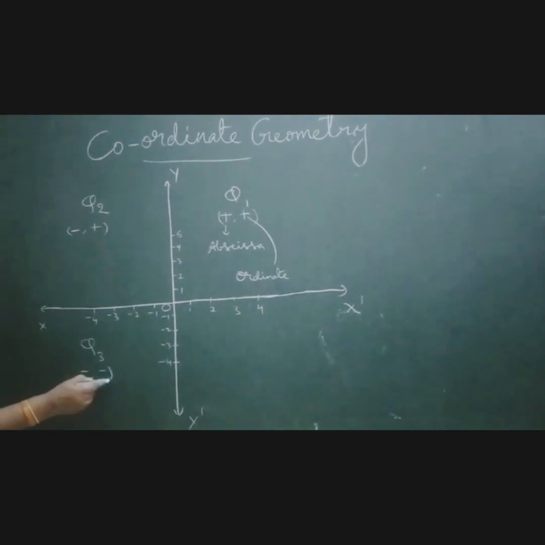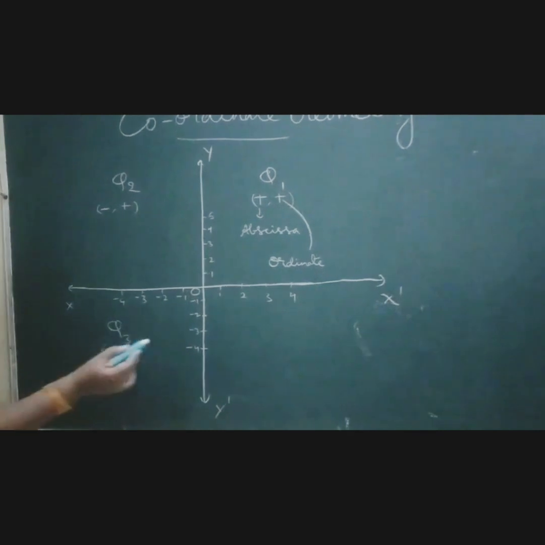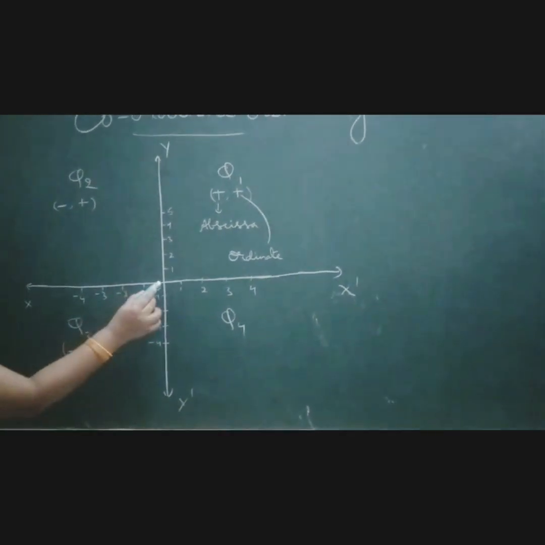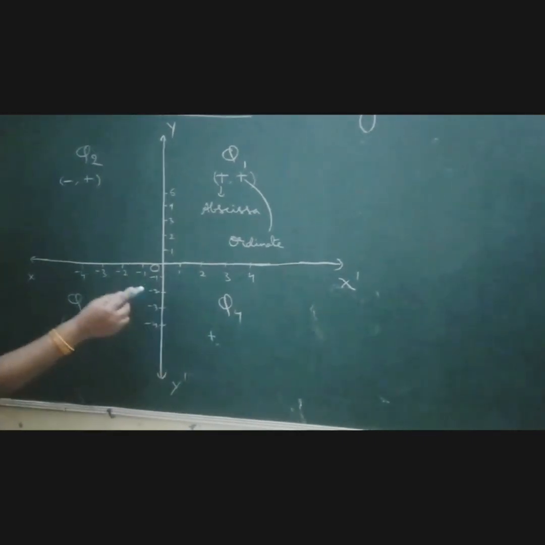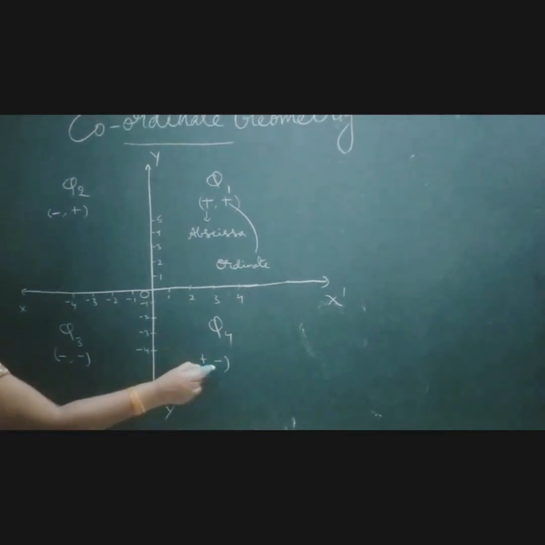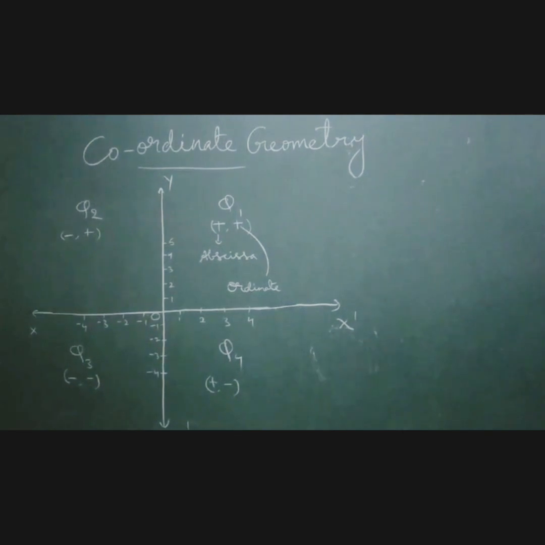So the point will be minus minus. When we come to the fourth quadrant, to the right side of origin it is plus and below origin it is minus. So it is plus minus. Easily you can remember like this.